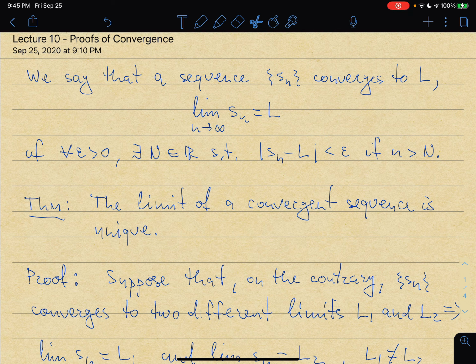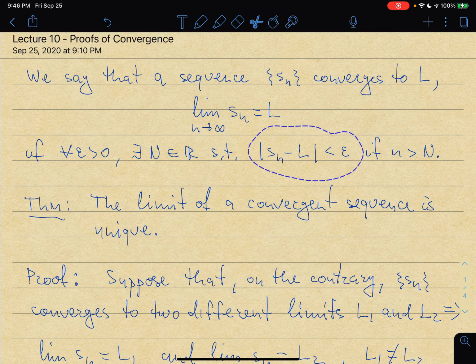So the limit exists if for any epsilon there exists an N such that this difference is less than epsilon if n is bigger than capital N. The thing here is that there probably is a smallest such capital N, the real threshold, such that if I pass through the threshold, then the quantity that is circled is going to be less than epsilon.